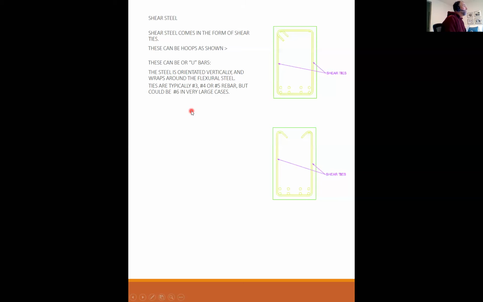But if you're into, I don't know, like Caltrans, if you're designing overpasses and those monster beams that are spanning from column to column, you know, the one that comes to mind is when you're going down the 91 freeway and you're heading west, if anybody does that freeway route, when you go under the 241, they've got this beam. It's got to be 6 feet wide and maybe 12 feet deep. Maybe that beam would have number 6s for ties. That gives you an idea how big the beam has to be before number 6s make sense.